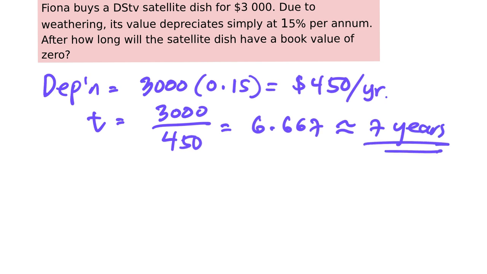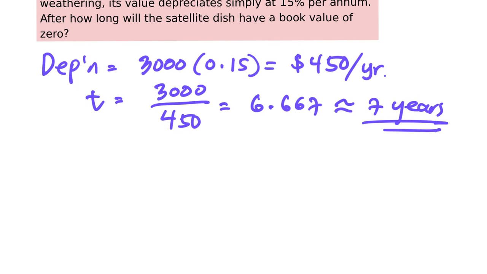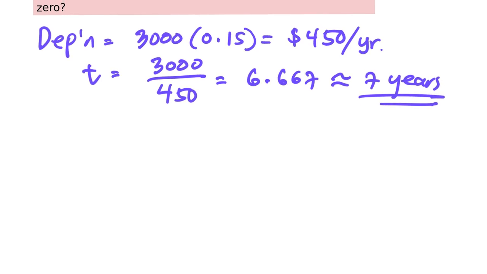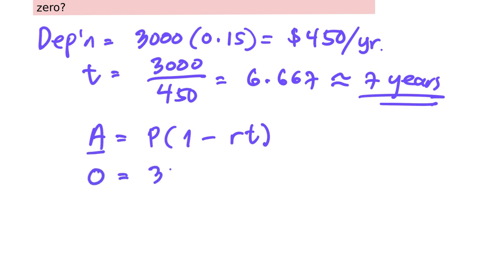Or there's another way, using our formula. Here our formula is A is equal to P(1 minus RT). They said the total value is going to be 0, and that's 3,000 multiplied by (1 minus 0.15), and then we're going to multiply this by the time.